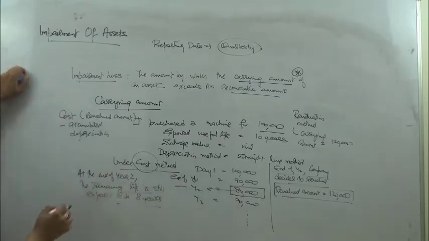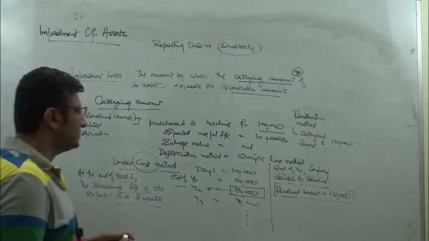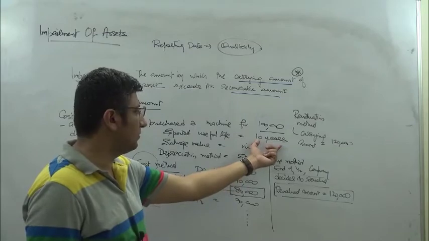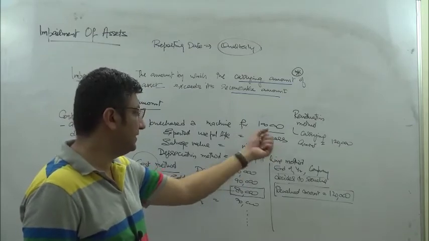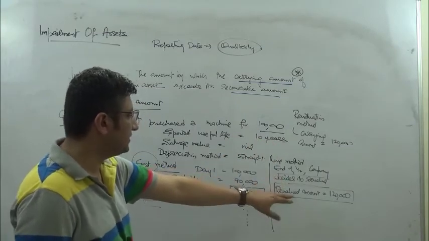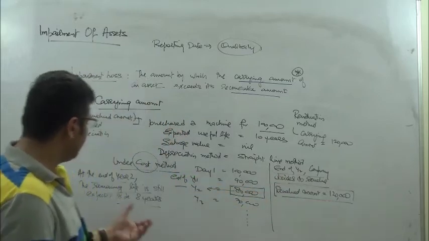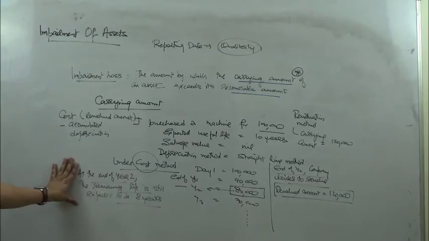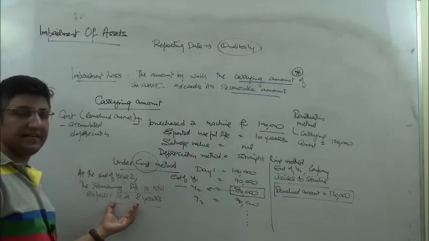So originally when we purchase this machine, we assume that the economic life of the machine is going to be 10 years. We used it for 2 years and we revalued it as 120, and we are saying that yes, our original estimate remains same, that automatically my remaining life is 8 years now.